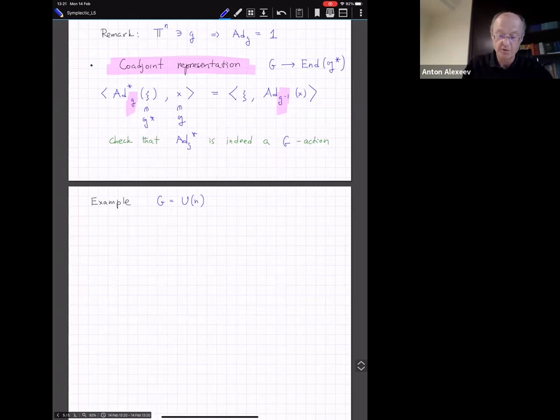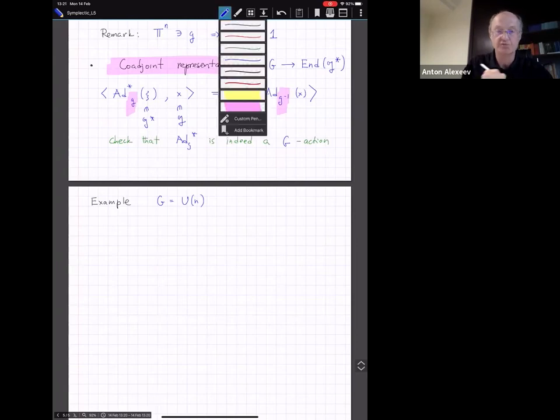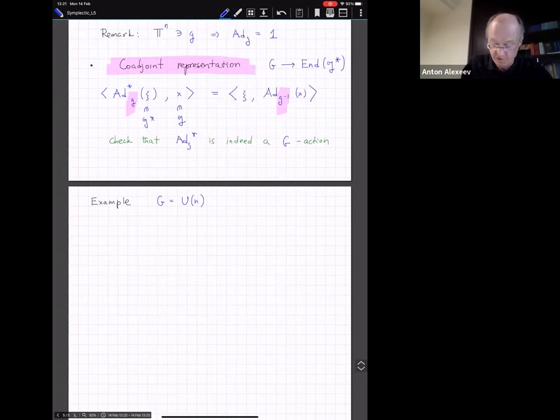Recall that for the case of Un, we have a particularly nice picture for g star. It is identified with the space of n by n Hermitian matrices. And the duality between the Lie algebra and its dual is realized by the imaginary part of the trace.